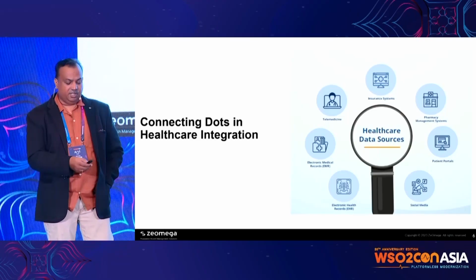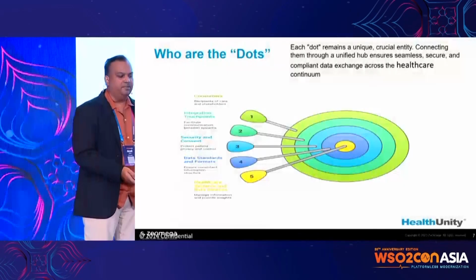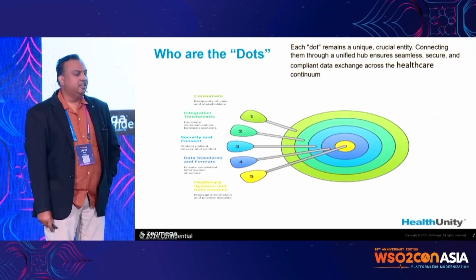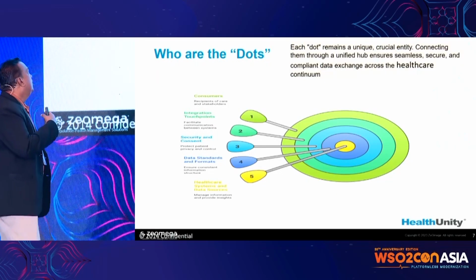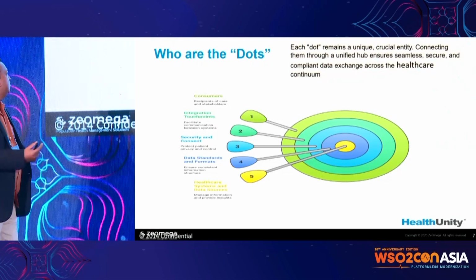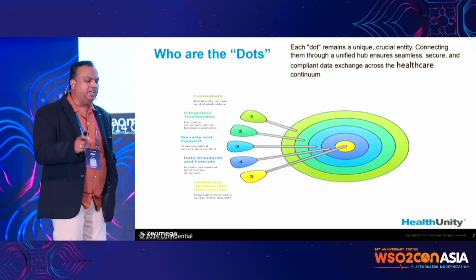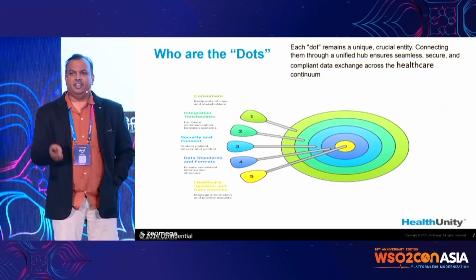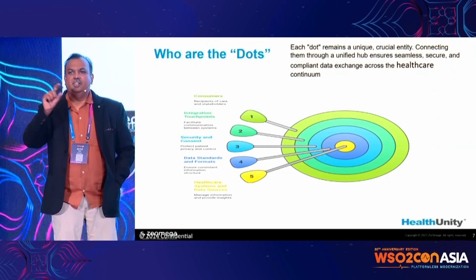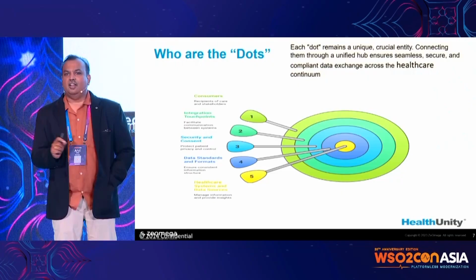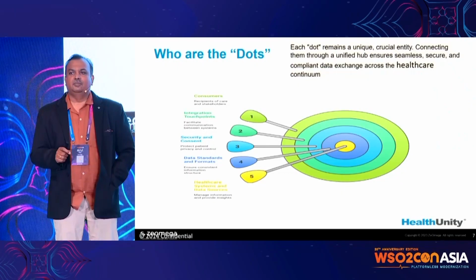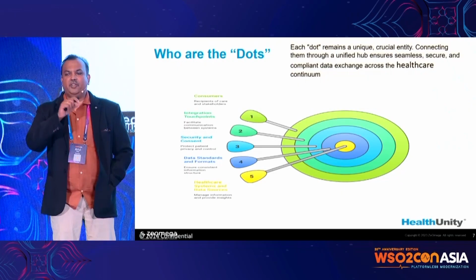But the challenge with the industry is the different dots. What do the dots mean? They are the consumers and the different touch points of the systems, which need to communicate with each other, along with the data. How is technology going to connect them seamlessly without a lot of challenges?